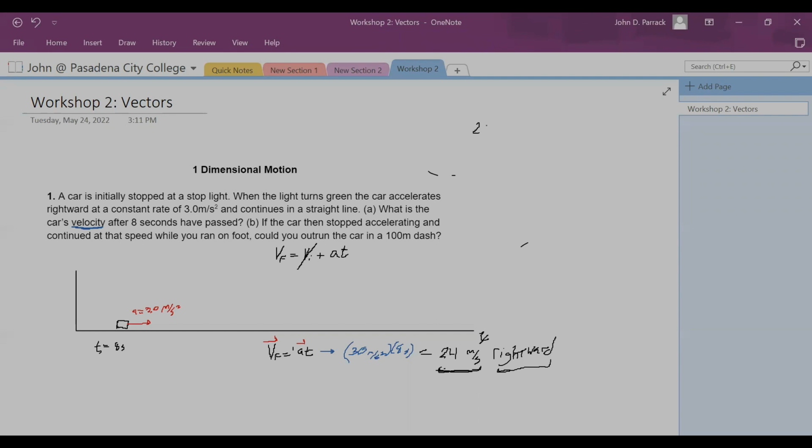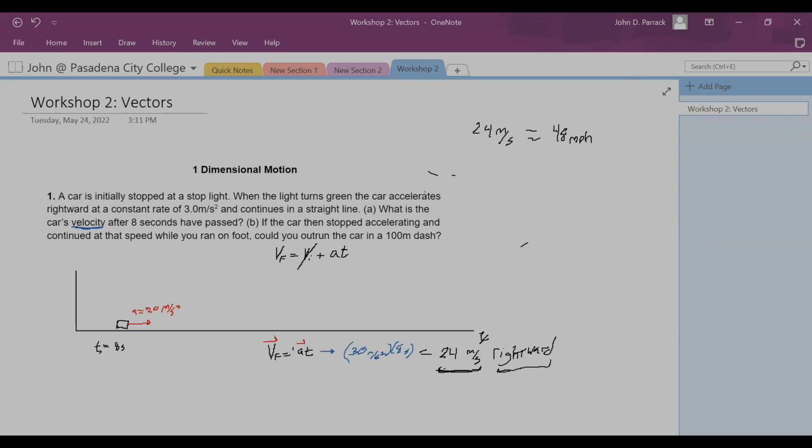So 24 meters per second is approximately, let's just do 2 times greater to approximate, about 48, really in excess of 50 miles per hour. So can you outrun a car traveling 50 miles an hour in a 100-meter dash? I cannot. I doubt you can. I seriously doubt it. I'm going to say no for part B.